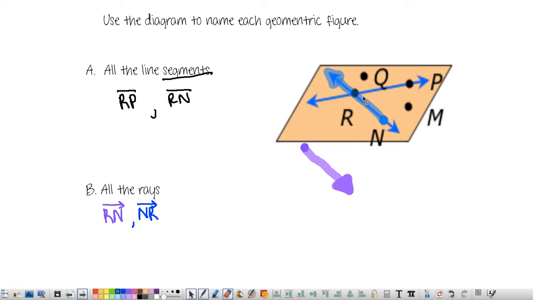Okay, so now we have to look at the other line. Now we have a ray starting at R, and here's the arrow that tells us that it goes on forever in this direction. So we have R and it goes on to P. So we also have ray RP.